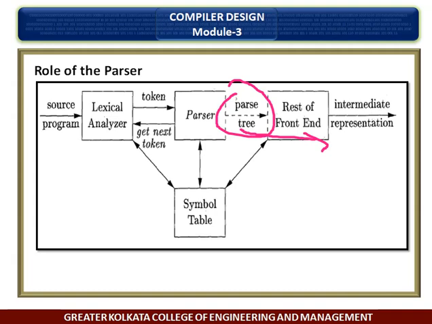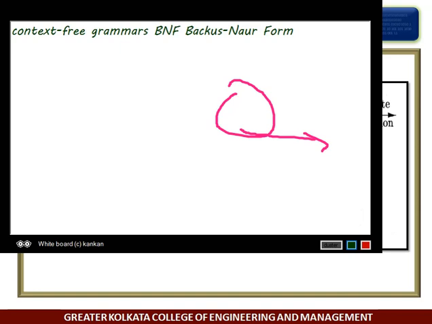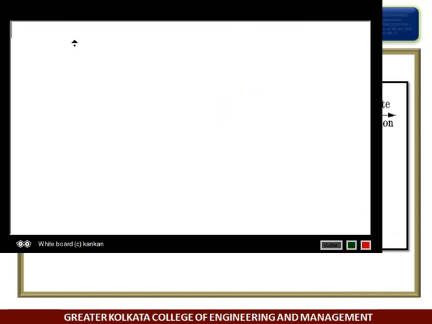Now there are three general types of parsers for grammars. One is universal, and top down, and bottom up.